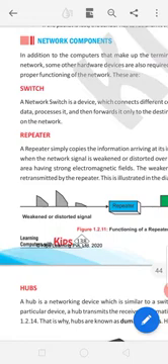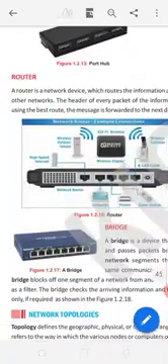Repeater is used to increase the speed of the networking. Hub is used to transfer the data from one to another, but it transfers the data to all connected devices. That's why it is known as a dumb switch. Router is used to transfer the internet between networks. Bridge is used to transfer the data. If it is required, then it will transfer. If it is not required, then no need to transfer.